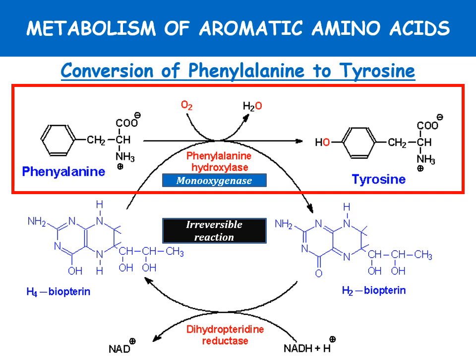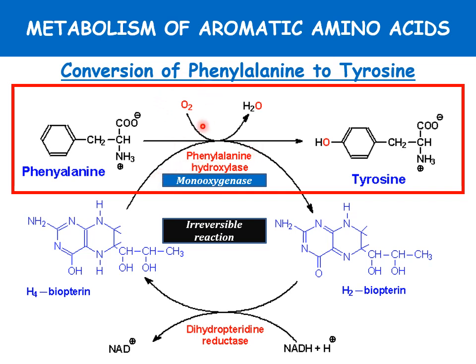So the first step in the metabolism of phenylalanine is conversion of phenylalanine to tyrosine. This is a very important step to remember for aromatic amino acid metabolism. Phenylalanine gets converted into tyrosine with the help of phenylalanine hydroxylase enzyme, that is a monooxygenase.